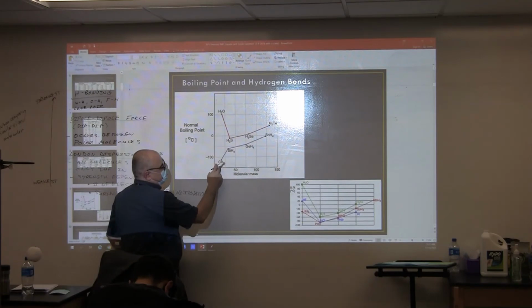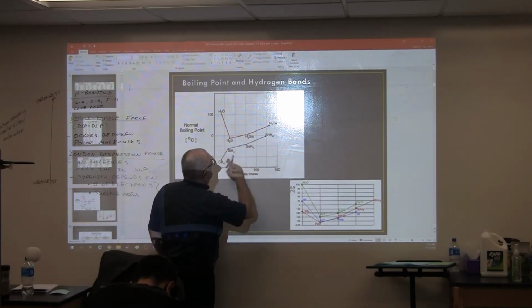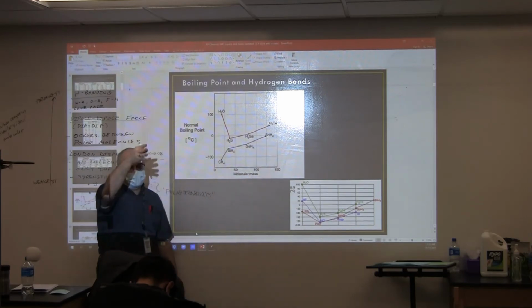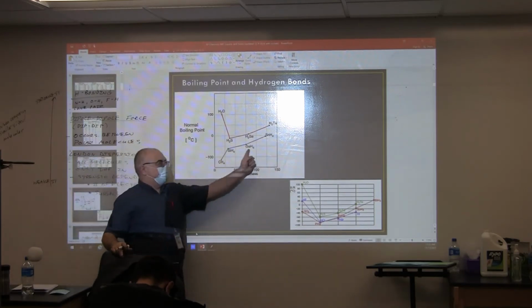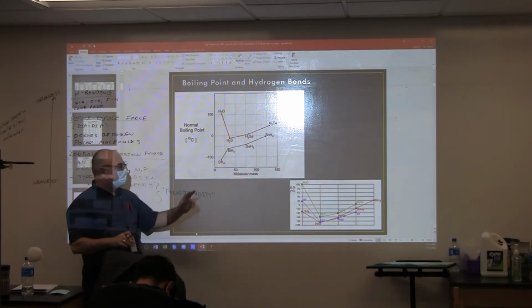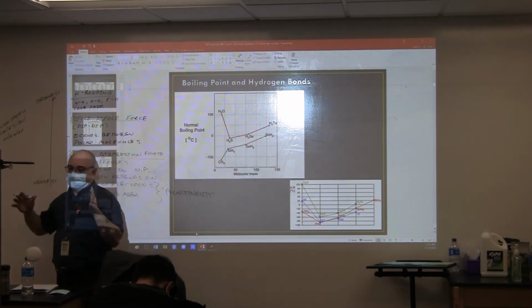So if you look at CH4, SiH4, GeH4, SnH4, all of these are related because carbon, silicon, germanium, and tin are all in the same family. So these are all very similar molecules chemically. But because of the increasing molar mass, what force is there more of?